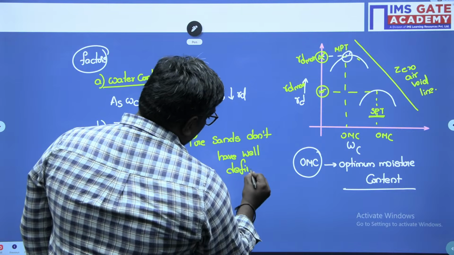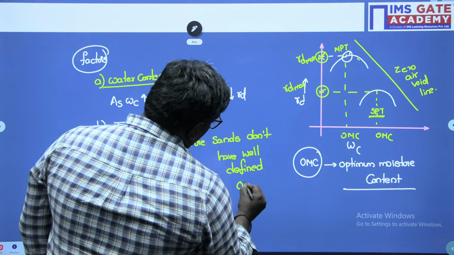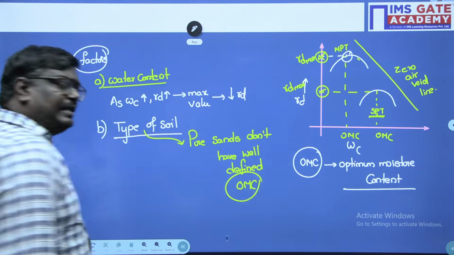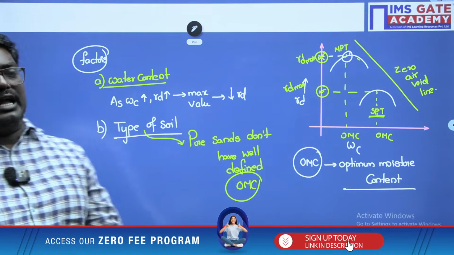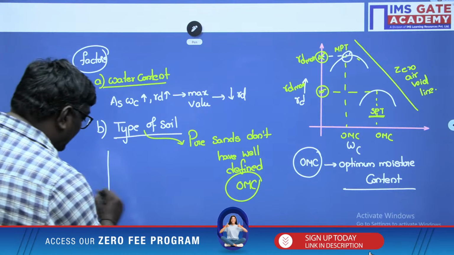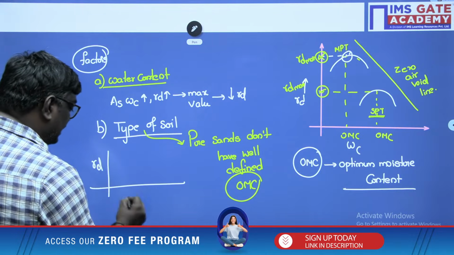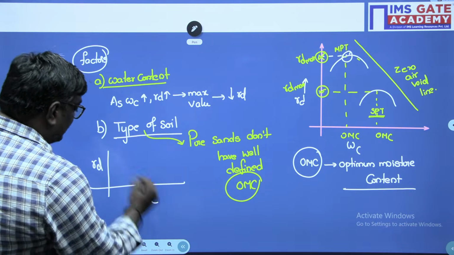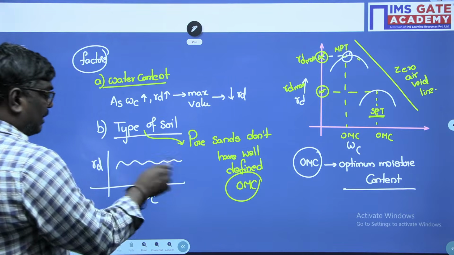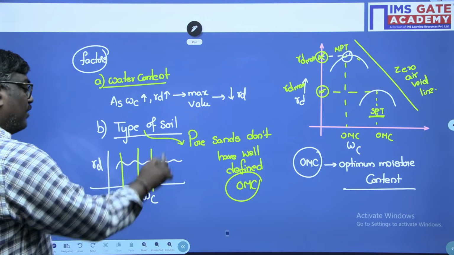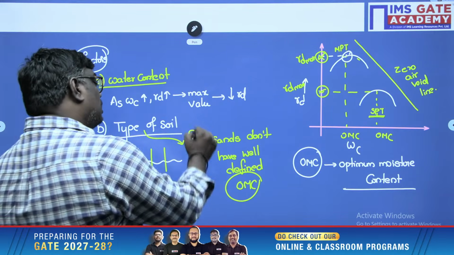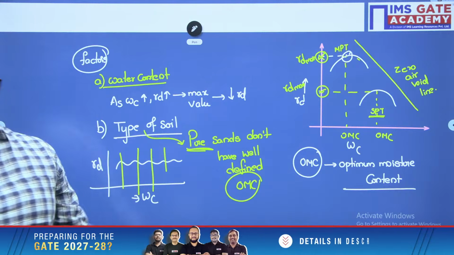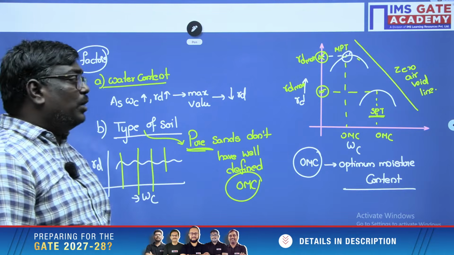Basically, what does this mean actually? If I draw a graph between dry density and water content, the graph from the table will come like this. So you cannot plot where exactly the dry density is maximum. That is why pure sands don't have a well-defined OMC.